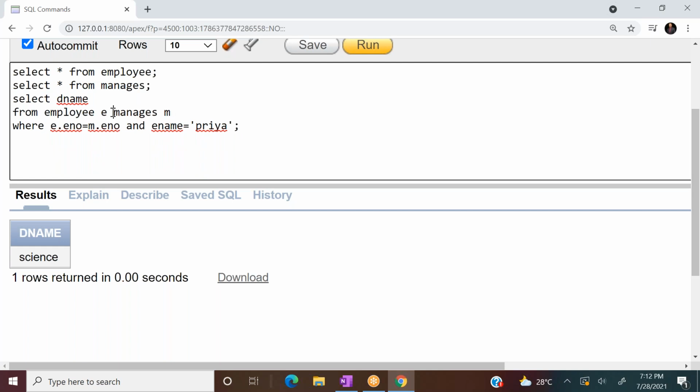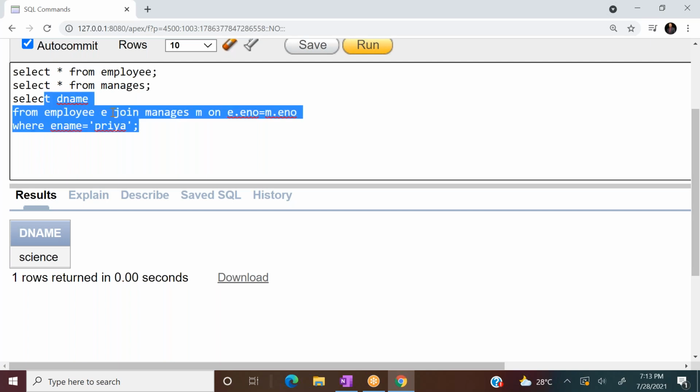So what it requires is employee E join managers M on E dot E number equal to M dot E number, where the condition we have to write, where E name equal to Priya. This is also possible.